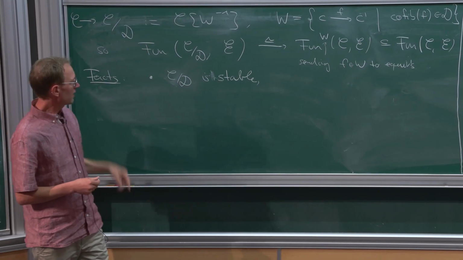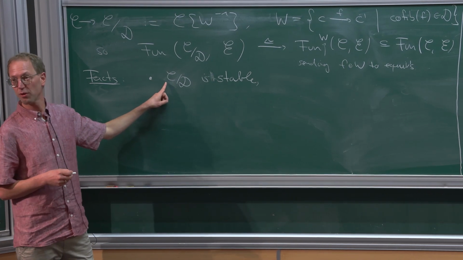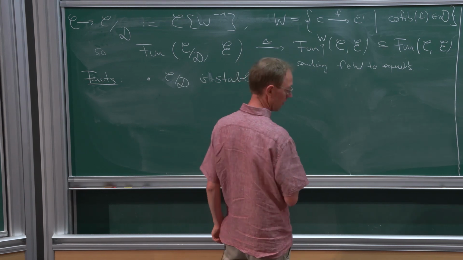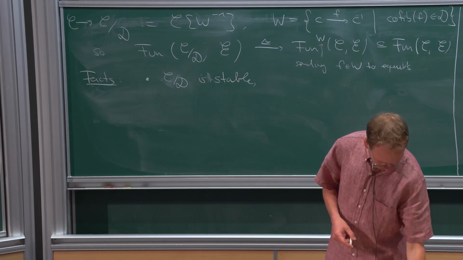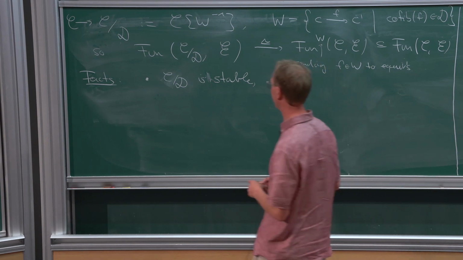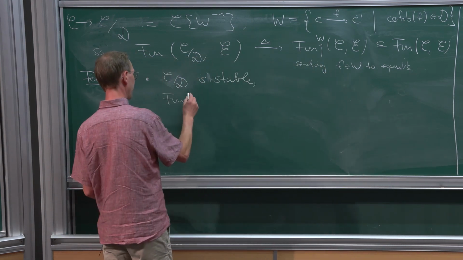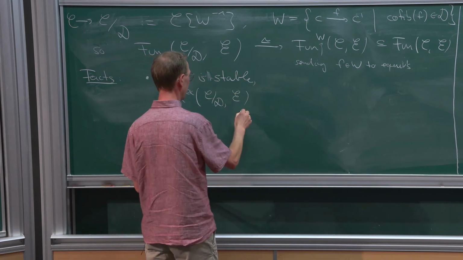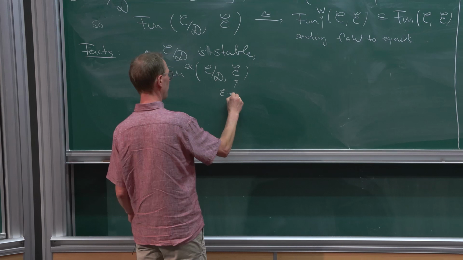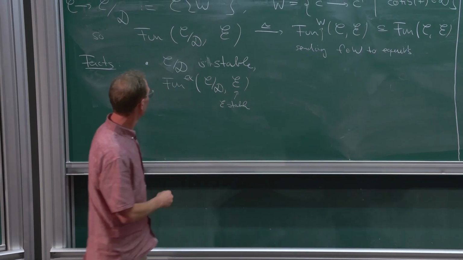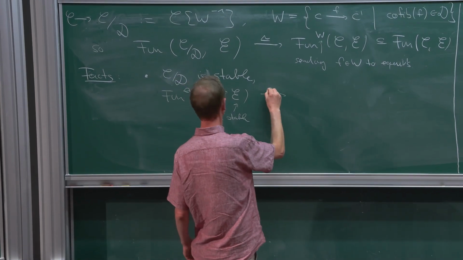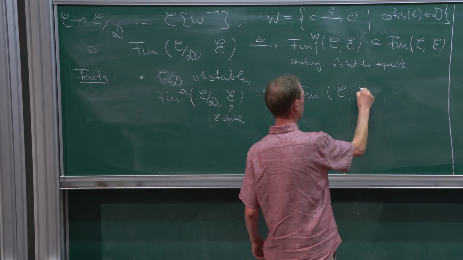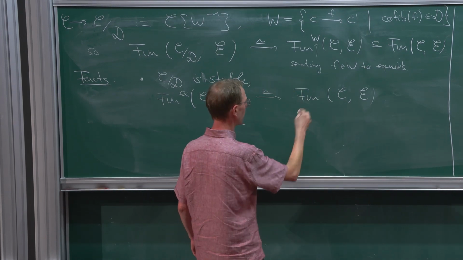It also has a universal property for functors into stable categories: exact functors out of C mod D into any E, where now E is also stable, are equivalent to functors from C to E which send D to 0.